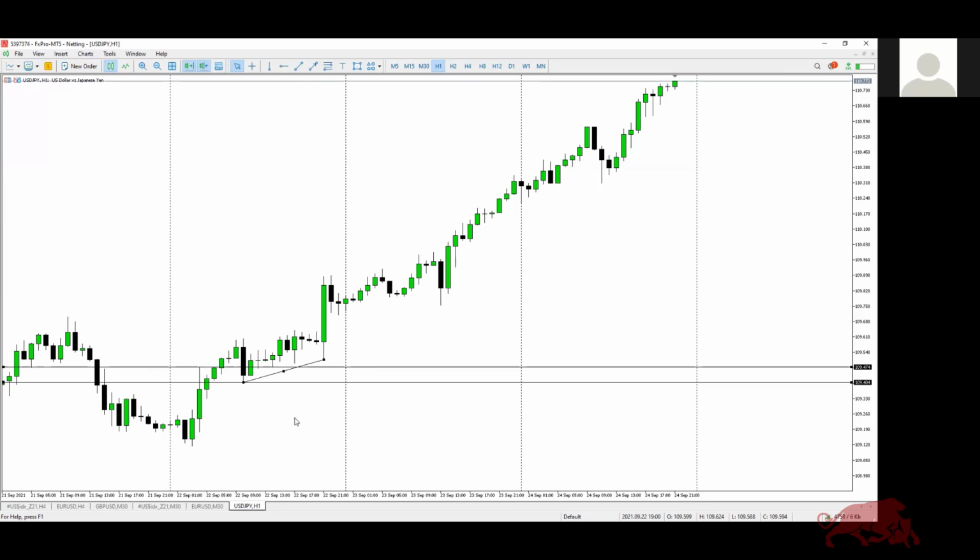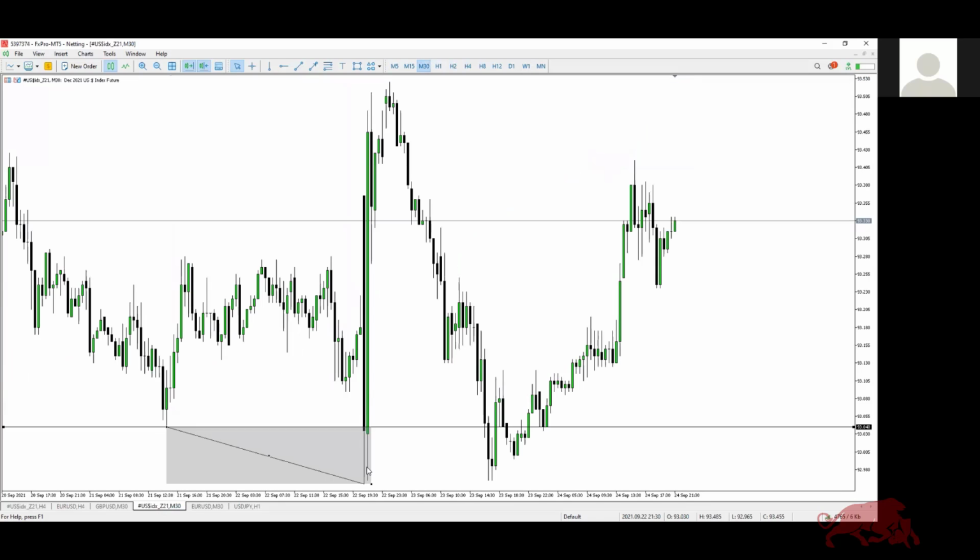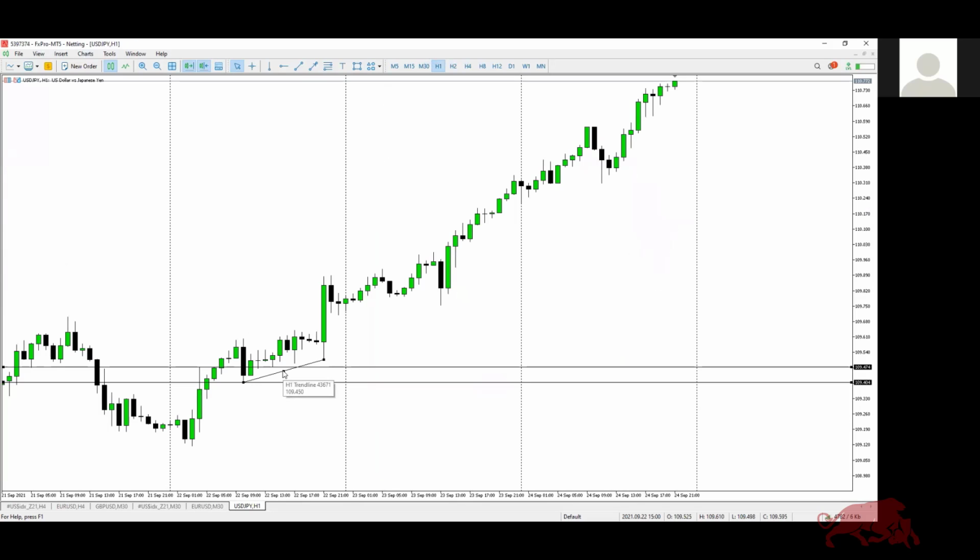That's underlying strength. At the same time we have the dollar index taking out an old low, USD JPY failed to take out 1, 2, and 3 old lows. So price is creating lower highs. That's underlying strength, a market which is bullish.